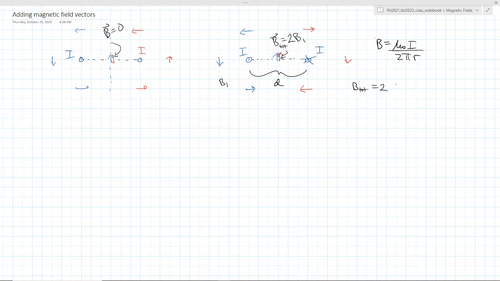We would have a factor of 2 because we have 2 contributions, and then this would be mu naught I over 2 pi d over 2. You can see we could cancel these factors of 2. The total magnetic field in the middle would be 2 mu naught I over pi d. And if we were being careful, we would note that this would be in y, so this would be the j hat direction.